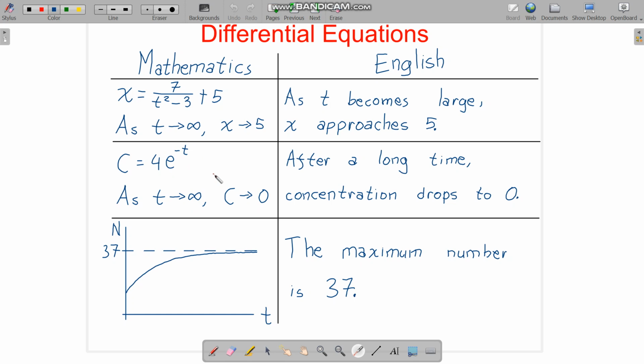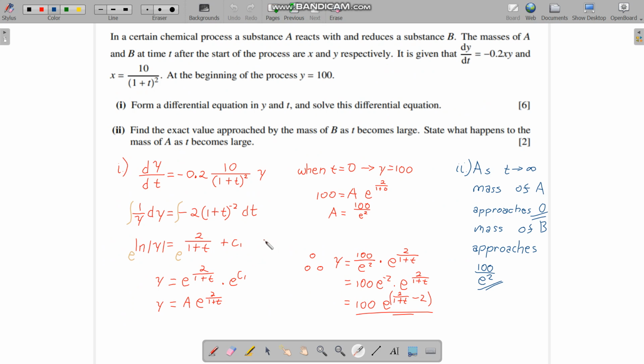If it's too big and you get an error, try something smaller, you'll get 0 basically. And after a long time, concentration drops to 0. This is the English. And if we have this kind of graph, you can interpret it as the maximum number is 37, which is the horizontal asymptote of an exponential function.